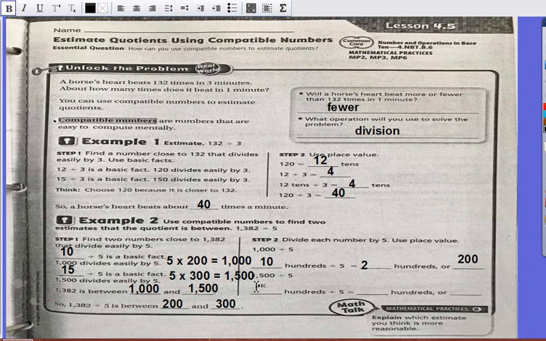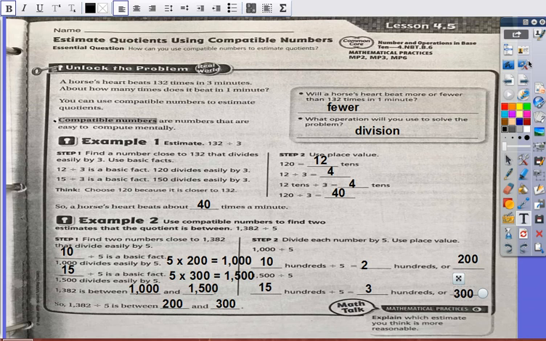Then blank hundreds divided by 5, we chose to do 15 hundreds divided by 5. 5 times 3 is 15, so we have 3 hundreds, or also known as 300. So the possible answer has got to be between 200 and 300. Alright, so let's move on to the next one.